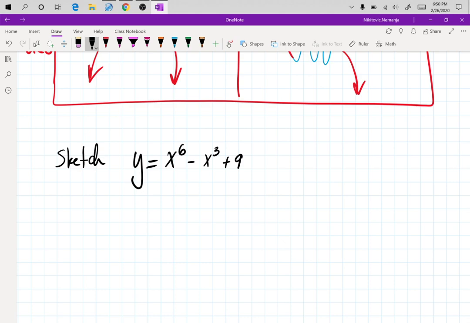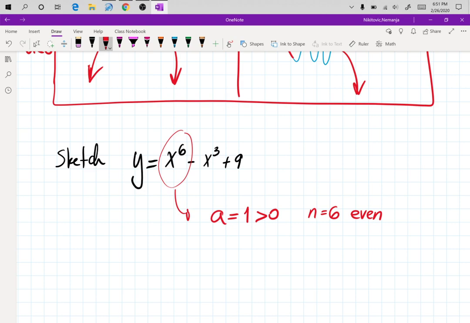This is the one we dissect, and we say a equals 1, positive, and the exponent n is 6, which is even. And that's all I need to know. I don't need to know anything else to just sketch the function.